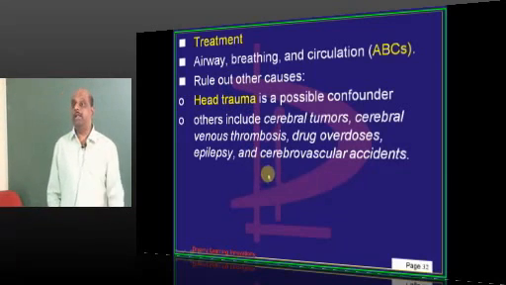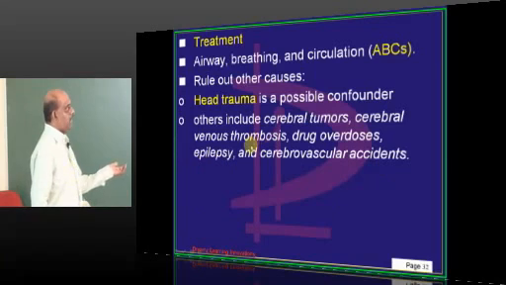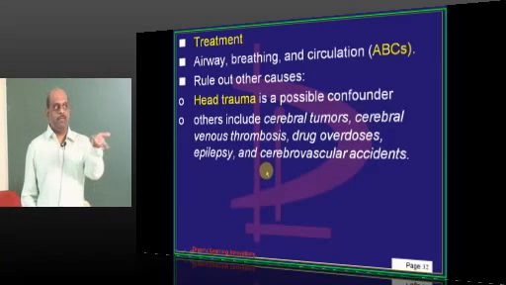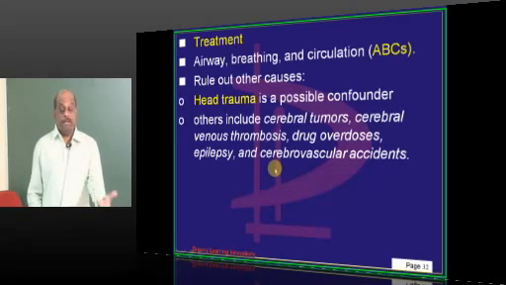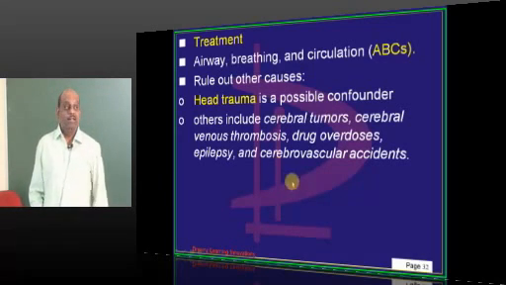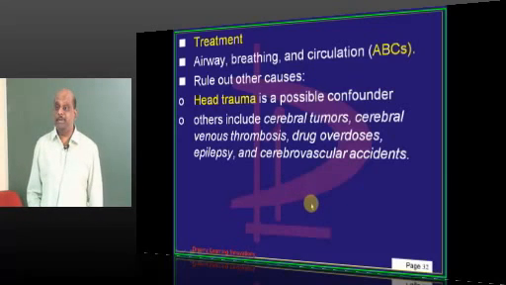Always rule out other possibilities like head trauma or cerebral venous thrombosis, which can also present with seizures, pregnancy being a prothrombotic state. If the prothrombotic state has led to development of central sinus venous thrombosis and that is causing seizures, don't run and jump. You need to anticoagulate and treat it.